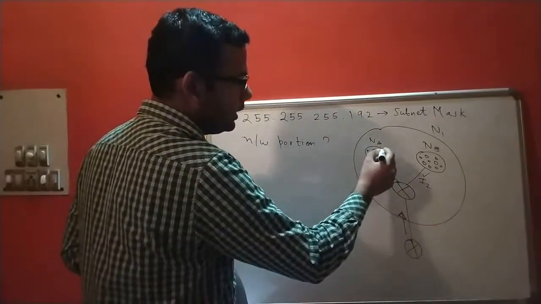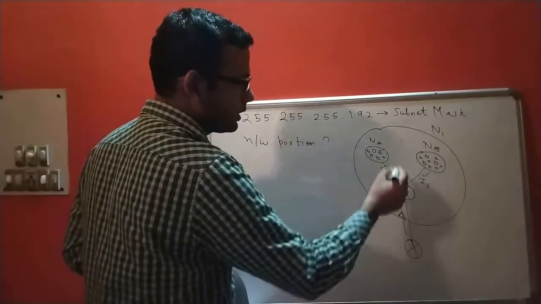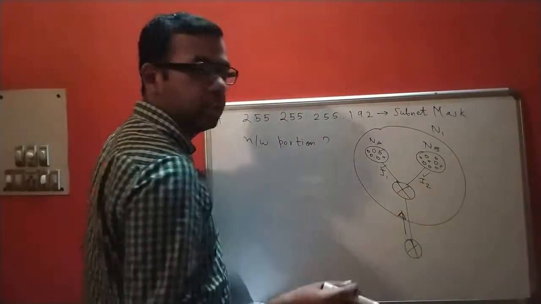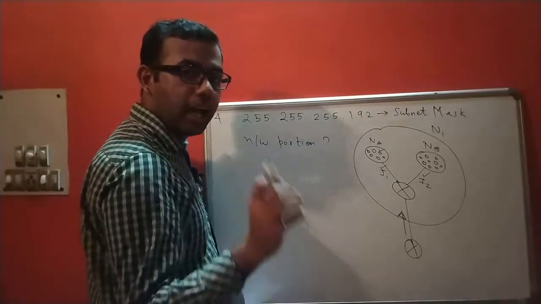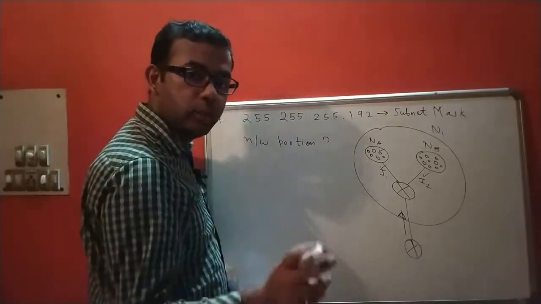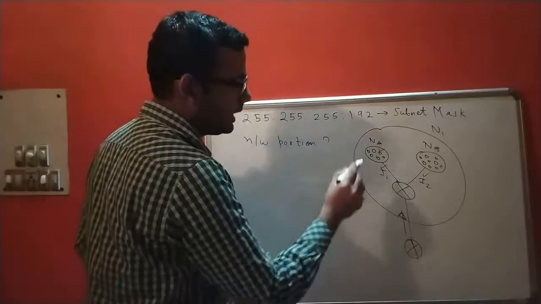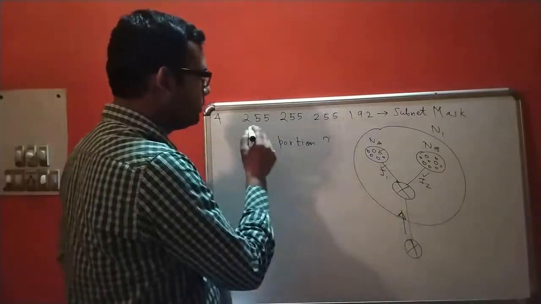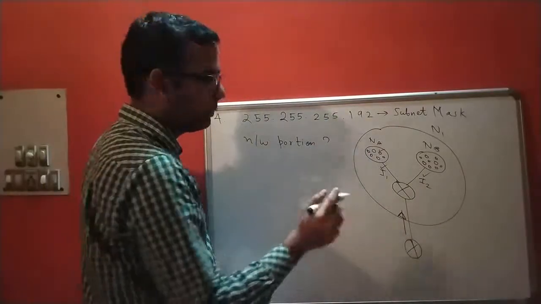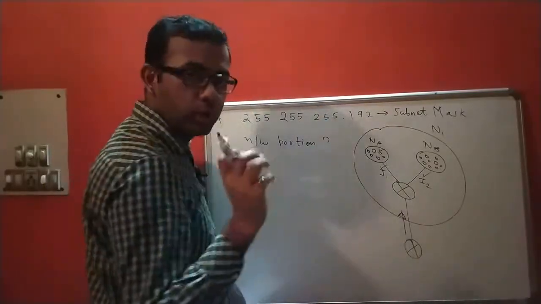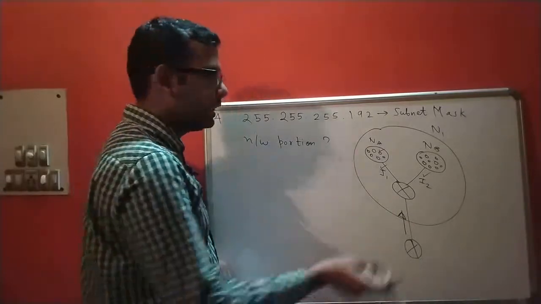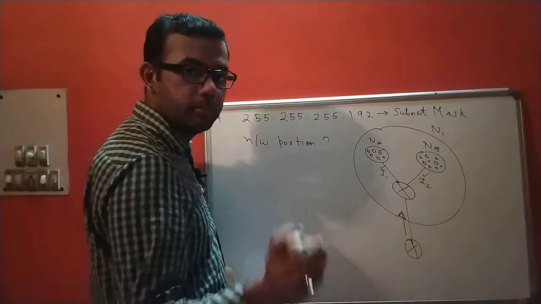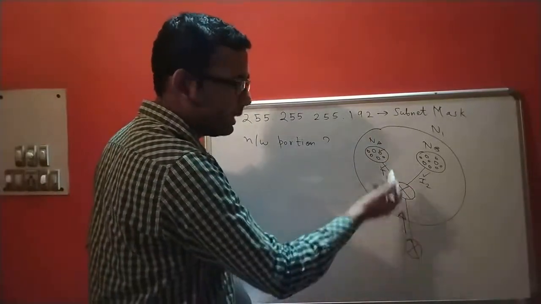If you take the IP address of any host and perform a bitwise AND operation with the subnet mask, what you get is the network ID or the network address in which the host is present. So using the subnet mask, the internal router will be able to identify which interface the incoming packets should be forwarded to.